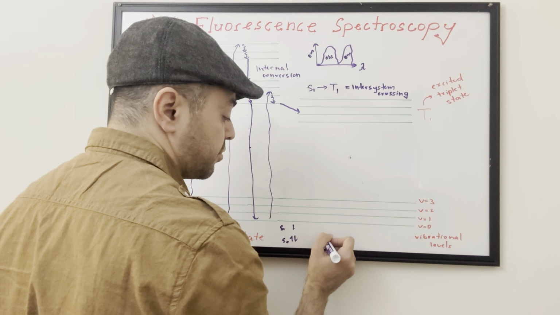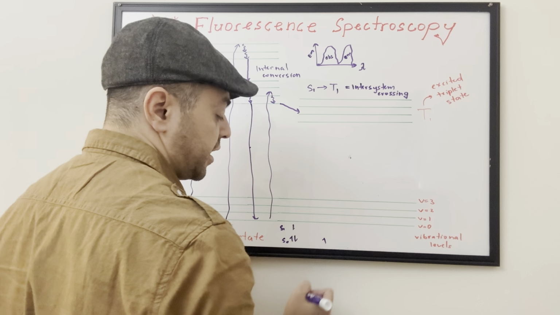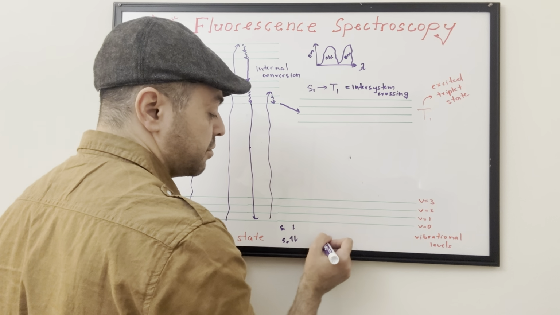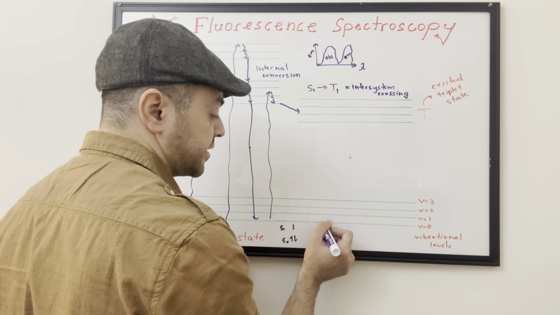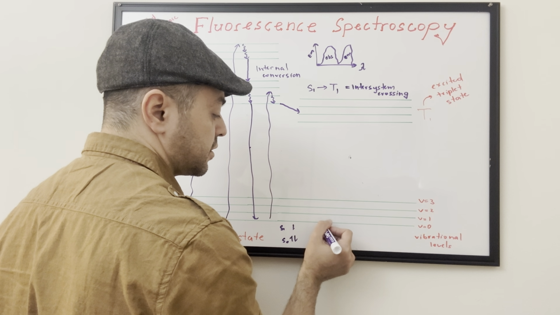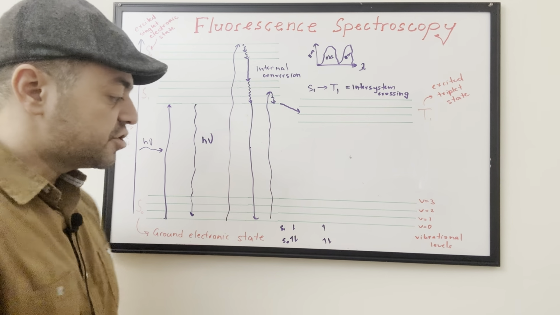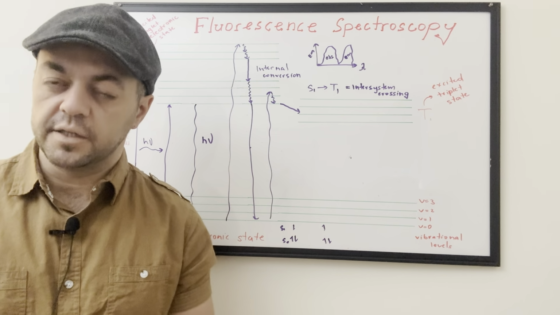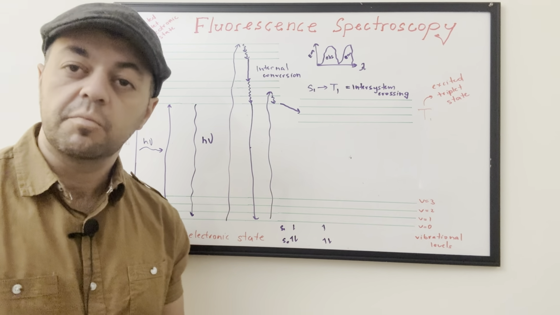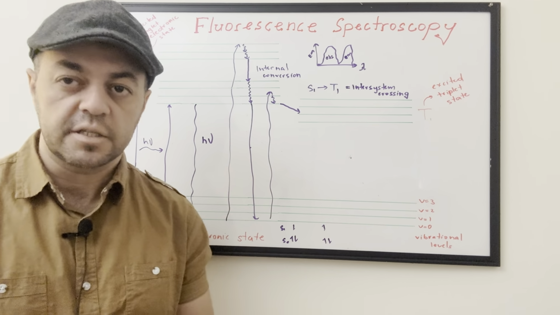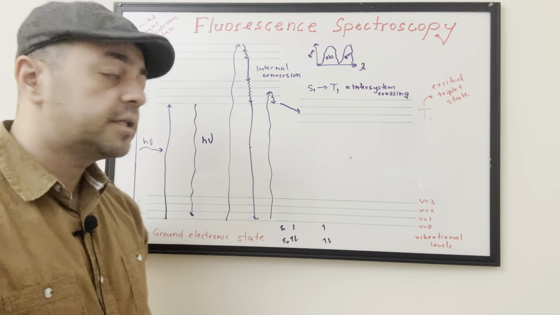But with the triplet, it may go from this to this. Actually, the spin changes. Changing spin is forbidden. It's not allowed, so it's not probable. There is less probability that it will go from S1 to T1. But it happens.